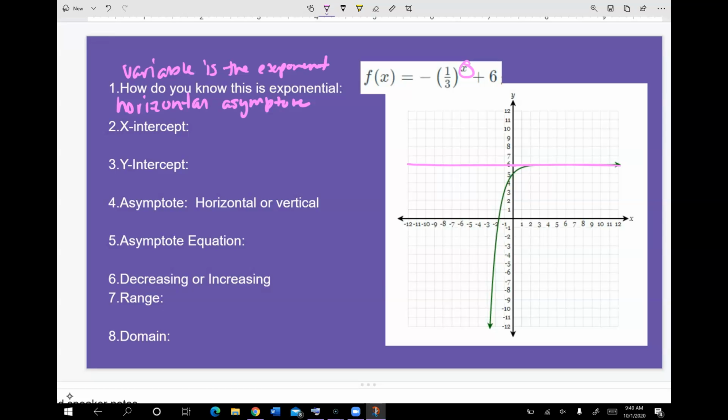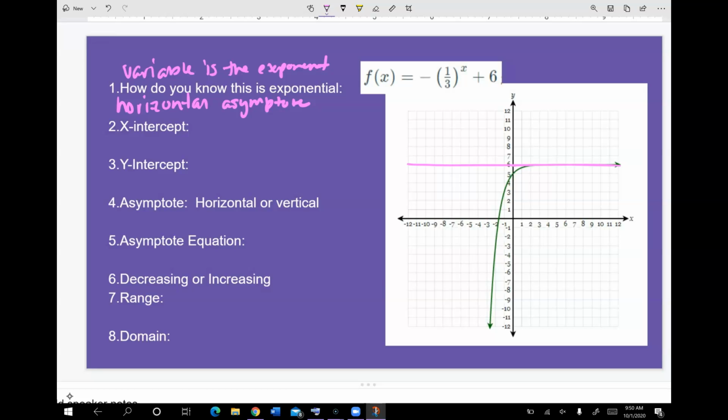Now, for the x-intercept, I would actually use Desmos to do this. You just type your equation into Desmos, and it's going to give you your x and y intercept. So we know how to plug it into Desmos.